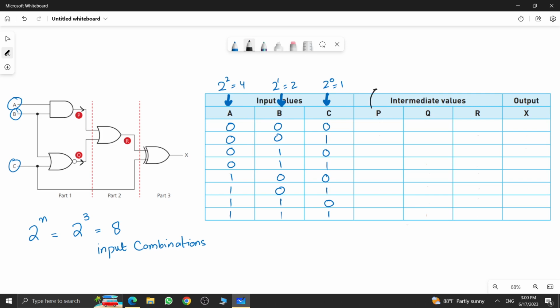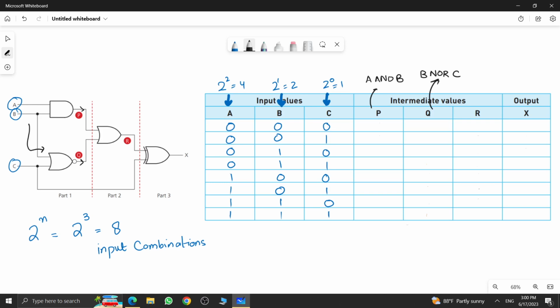And for Q, this is basically the function NOR, done between B and C. So if I write it is B NOR C, then it will not be wrong.